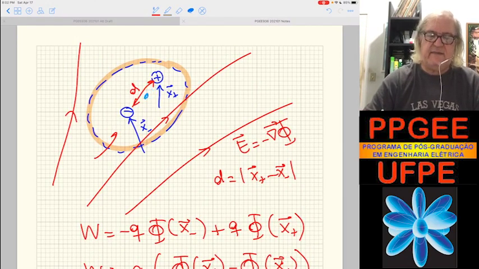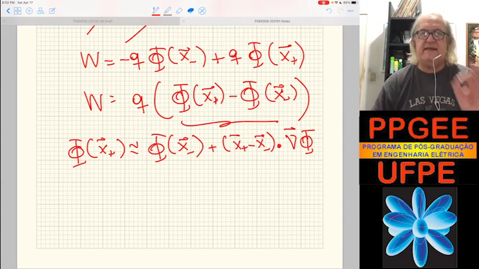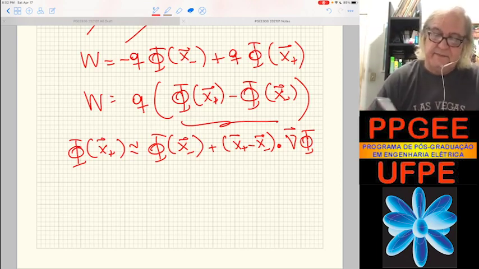For instance, it can be in the middle, it can be at x minus. That's not important. The system is so small, but we can calculate the derivative in the middle, let's say.